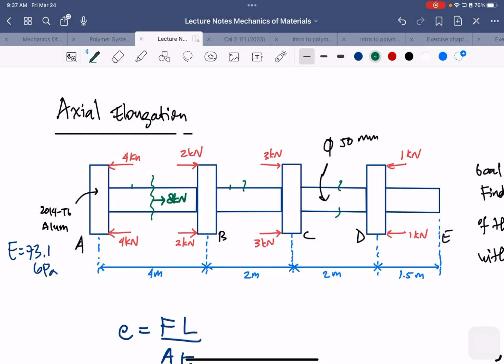And then what about if we cut this? It doesn't matter.